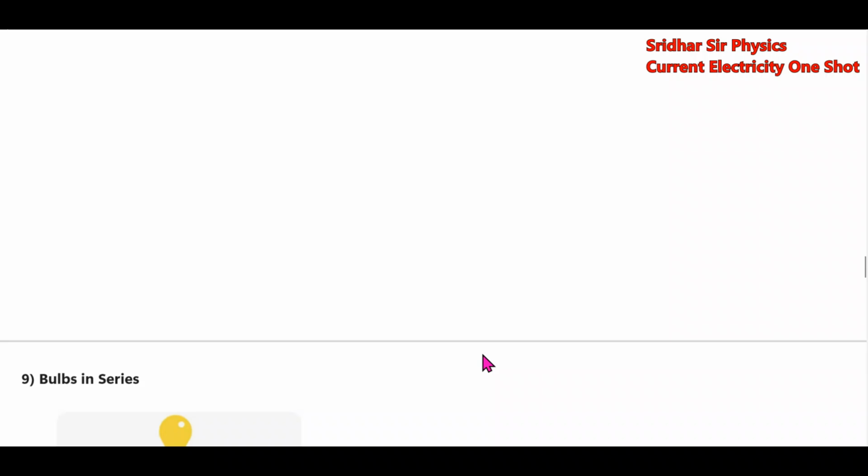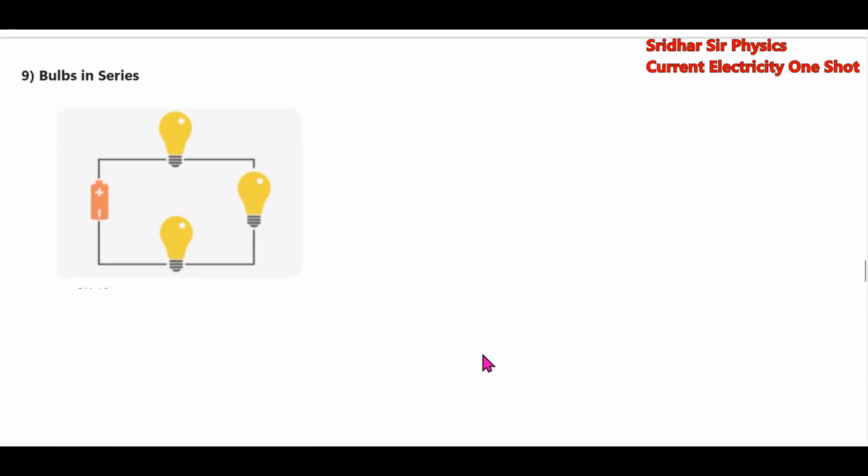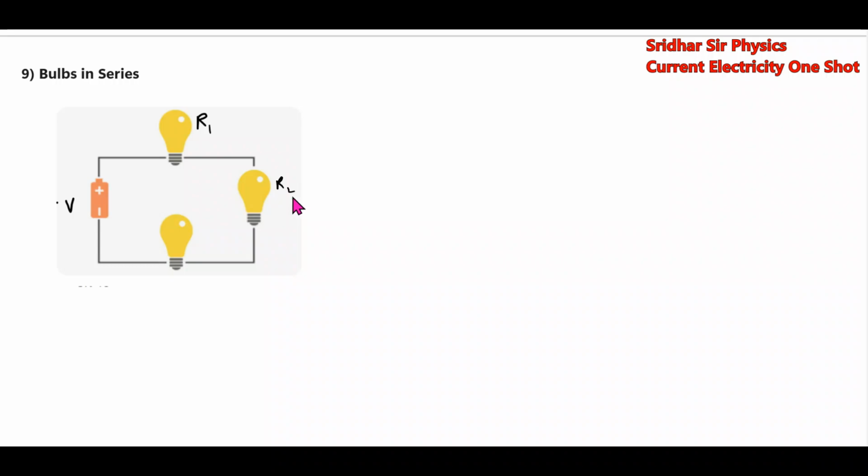Okay, now such bulbs, if they are connected in series, then what is it? So like here, this having the voltage rating V. These are the bulbs. So this having the resistance R1, R2, and R3.